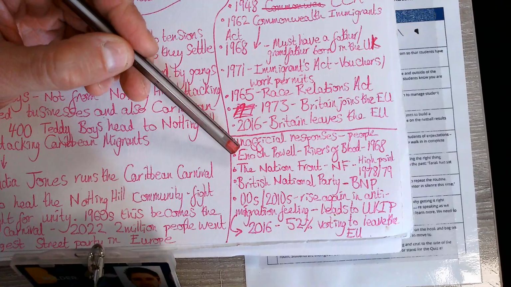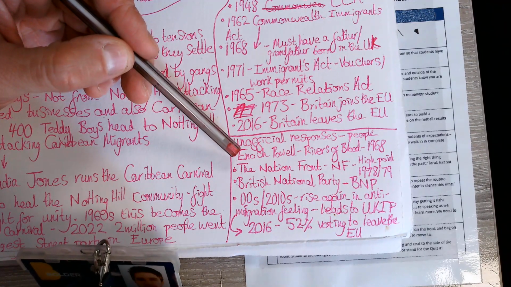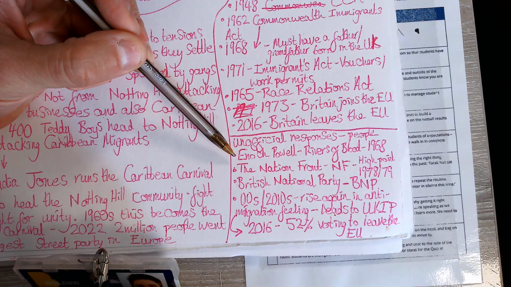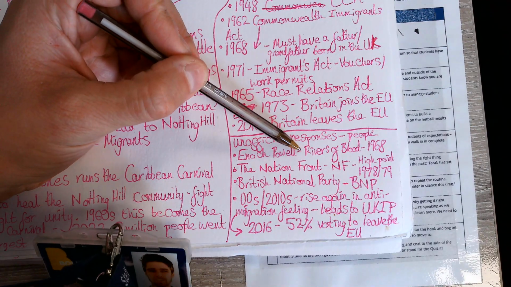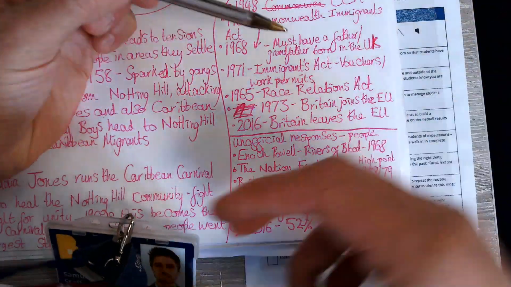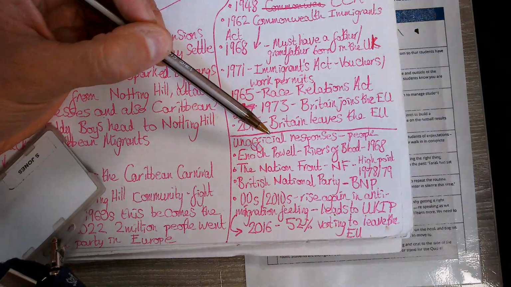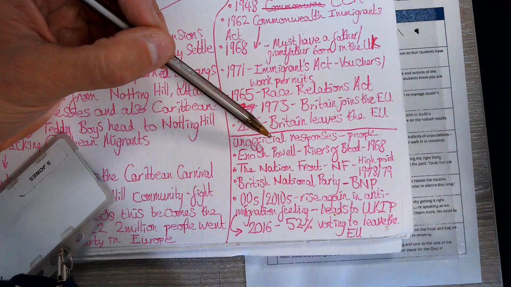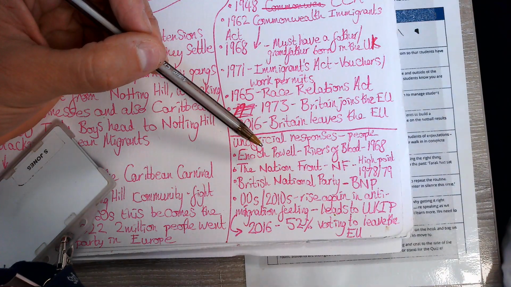Well, those sort of anti-migration feelings are given a kind of mouthpiece in 1968 by this politician, Enoch Powell, a very controversial figure, because in 1968 he gives a famous speech called the Rivers of Blood speech, where he talks about how migration has been and will be a terrible thing for the government. A terrible thing for Britain, and will continue to be. Speaks out against migration, basically, as a negative thing.